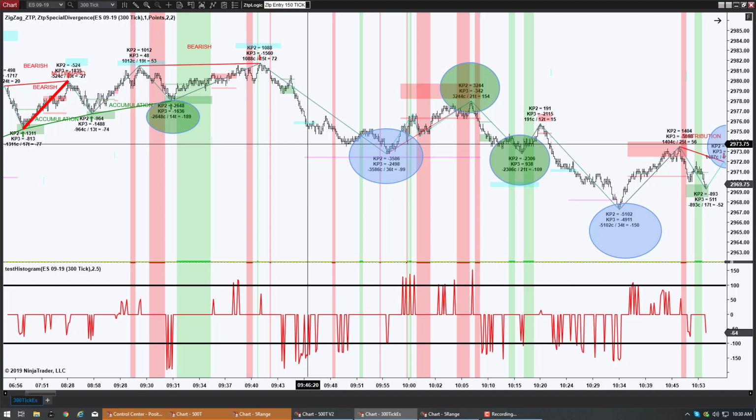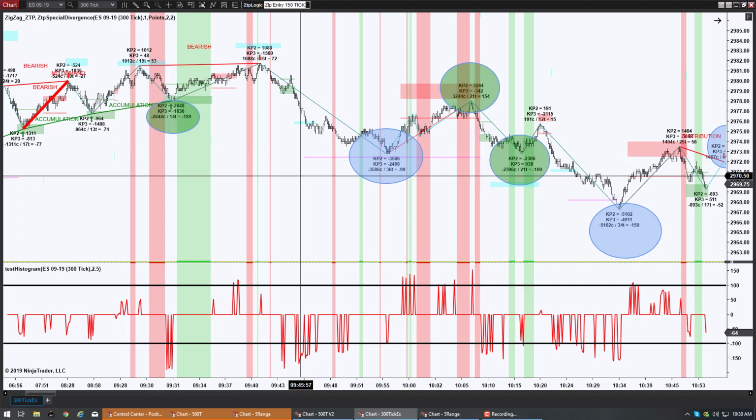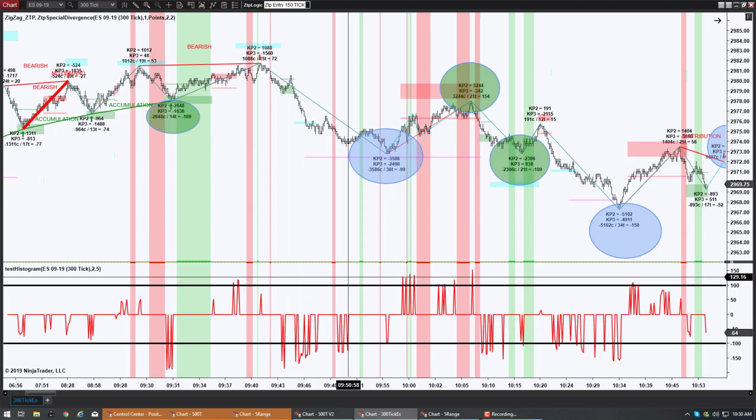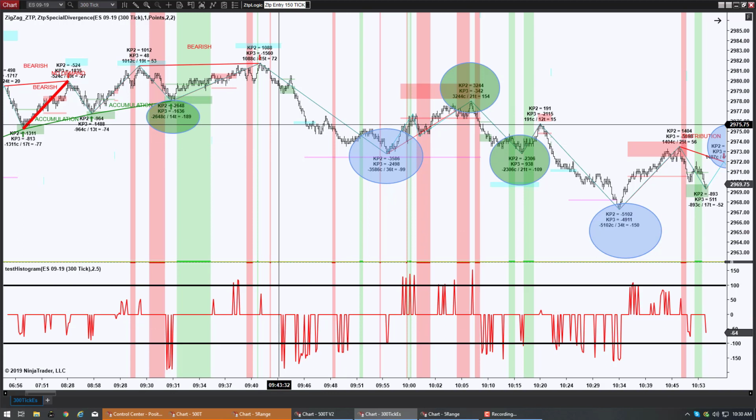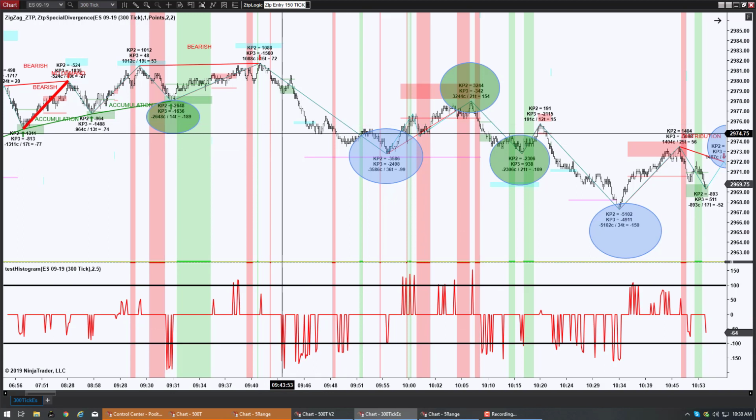So that's a significant issue, and every time that you would load a chart, you'd have to put the divergence indicator back on the chart and reset all of its parameters. So for that reason, I'm choosing not to release it until the programmer can make the script work perfectly. The test histogram won't work unless the changes are made to the divergence indicator.